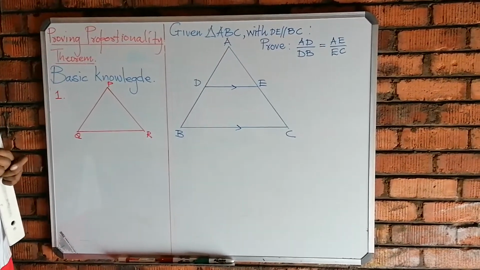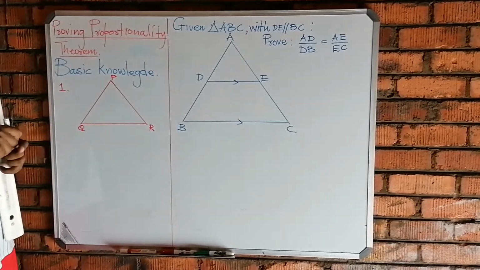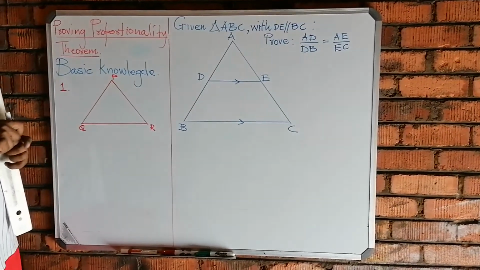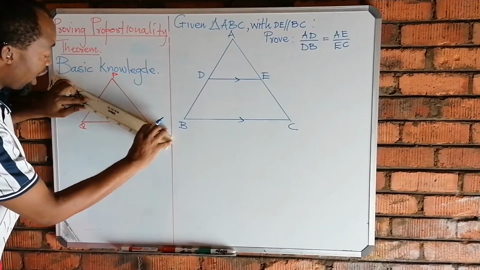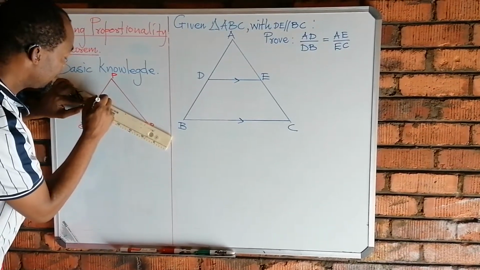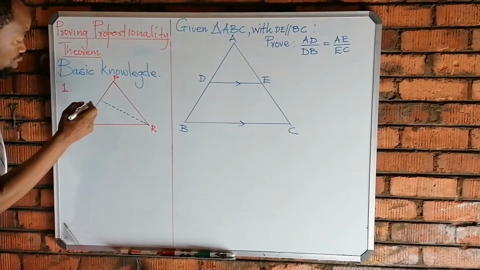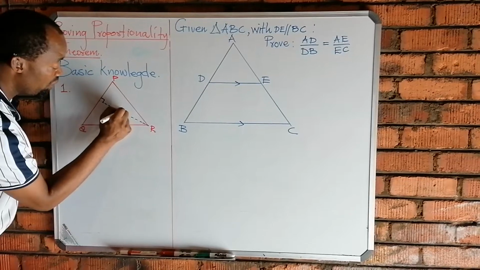The height of a triangle is always perpendicular to the base, and it is drawn from a vertex. That is very important. Now I'm going to draw height K, which is perpendicular to PQ.